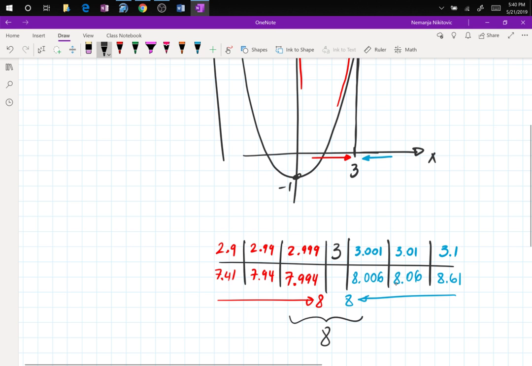So this is the way for us to calculate limits. And you would say that this is absolutely insane. Why would I be calculating values if I can just plug in number 3, get 8 and be done? Why do limits even exist?